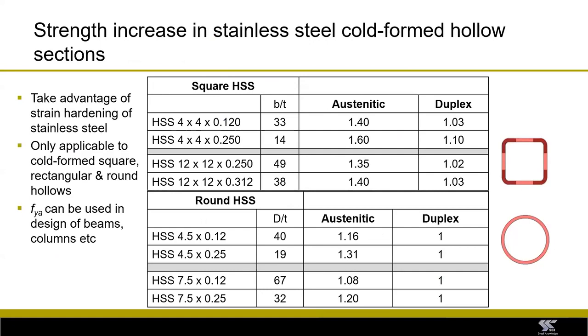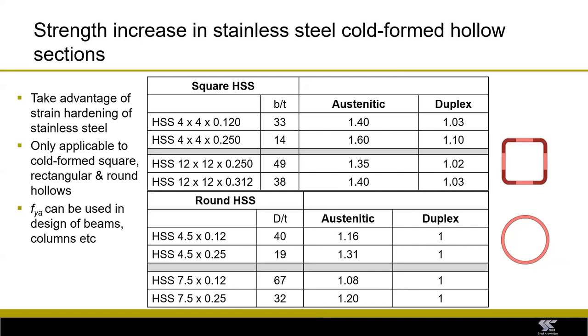Francisco mentioned the advantage of the strength enhancement due to cold forming. So I just put here a table showing you the types of enhancement you might expect to get. These are in inches, if you're wondering why they're such very small hollow sections. Again, I've used the AISC design rules to calculate these numbers. So what can you see from this table?